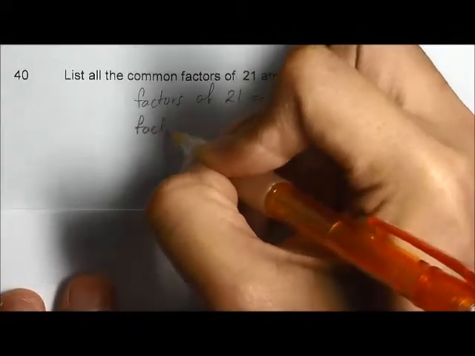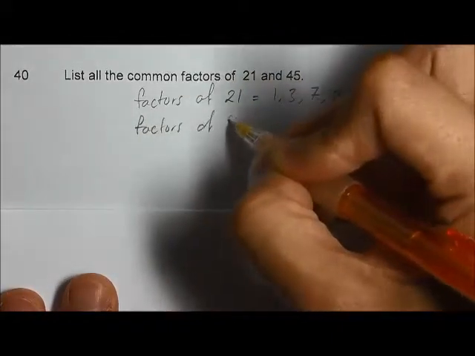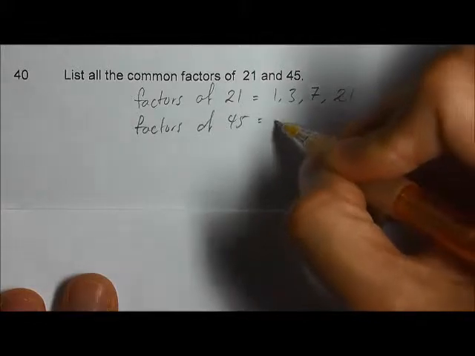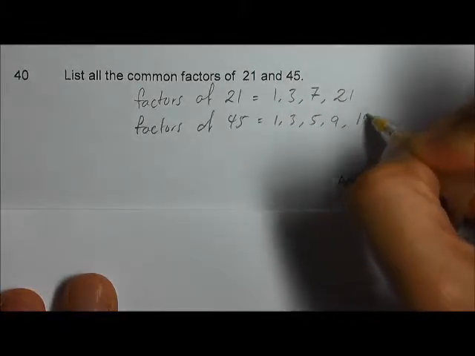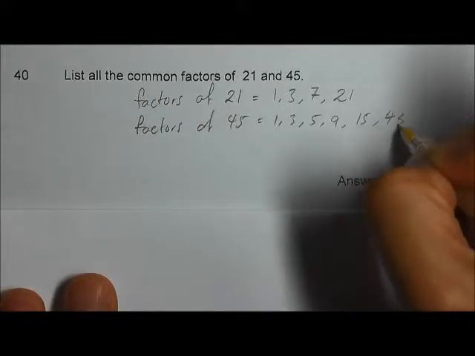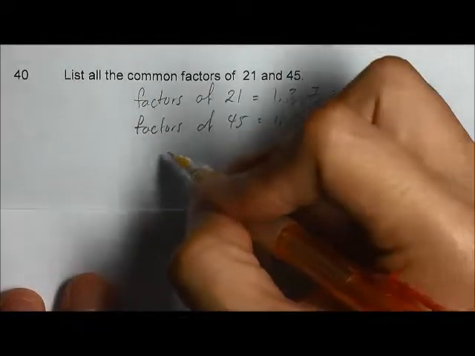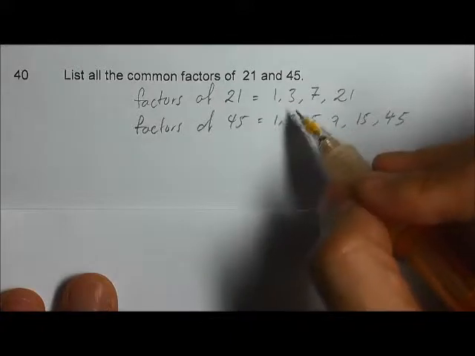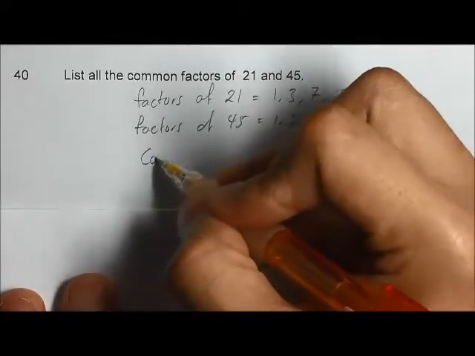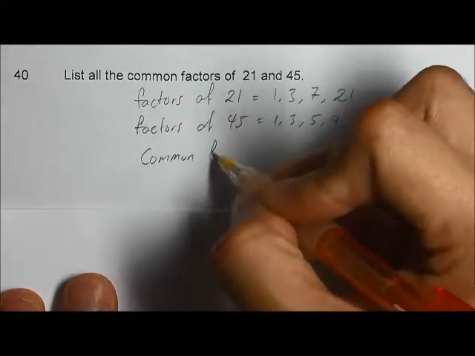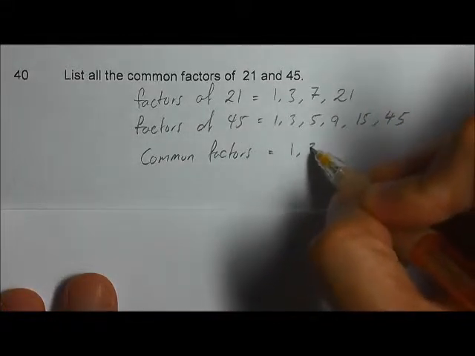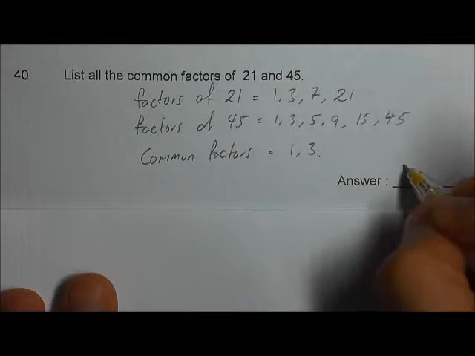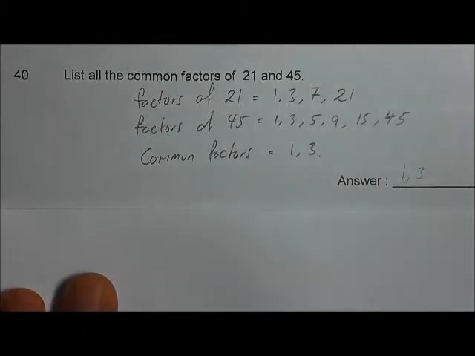And factors of 45 will be 1, 3, 5, 9, 15, and 45. So the common factors are the numbers that are similar. We can see that the common factors in this case are 1 and 3. So the answer is just 1 and 3.